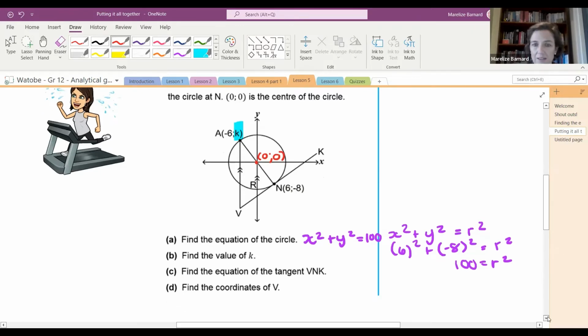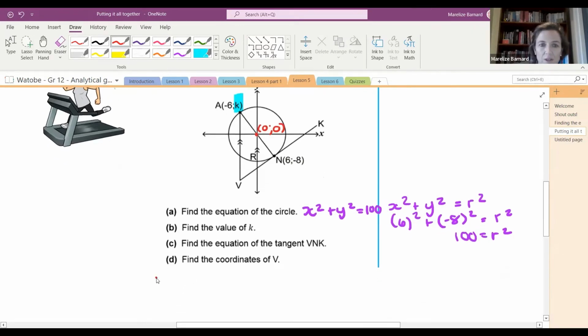Let me write that down because it's a bit of a mouthful. So k plus negative 8 divided by 2 must give me 0. Okay, and we can see that that's just going to be 8. So k minus 8 is going to be 0, so k must be 8.